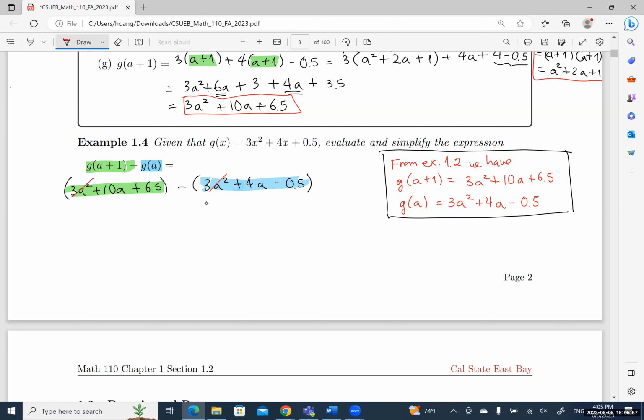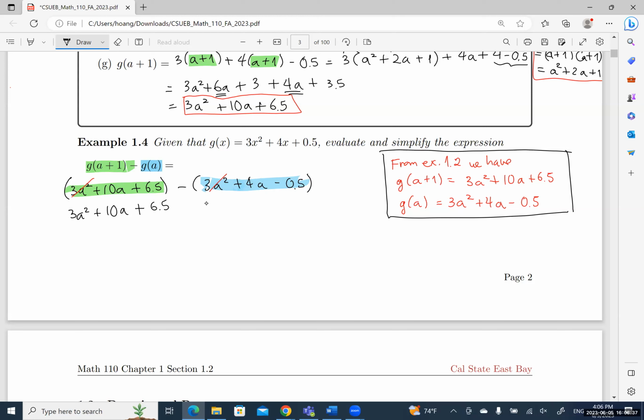But I myself prefer to open the parentheses. If before the parenthesis there is no negative sign, you can open it without worrying about changing anything. So the first one is 3A squared plus 10A plus 6.5.